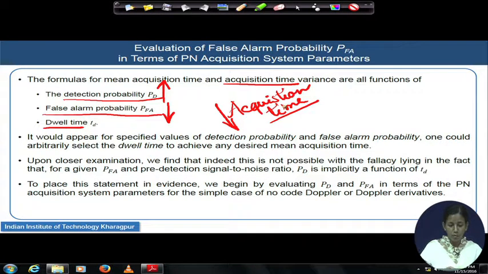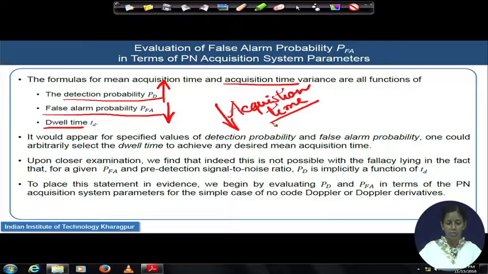If you see the expression of detection probability, given the false alarm probability and the signal to interference noise ratio at the detector input, you will see that the detection probability itself is a function of the dwell time. So it is a complicated relation, and it is not easy to comment on the acquisition time.